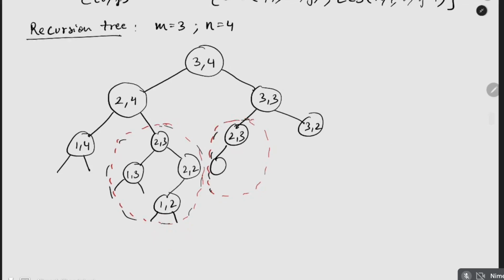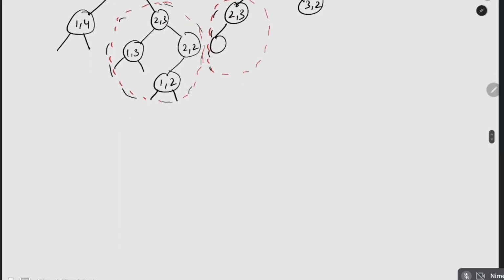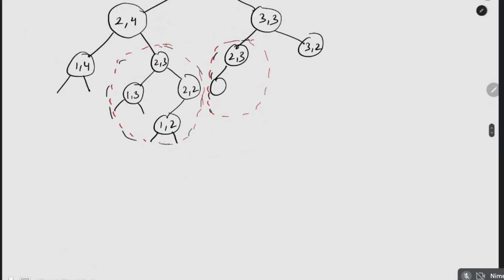So the size of the longest common subsequence, the solution for 2 comma 3, is the same in this recursion tree. So these are the same subproblems.